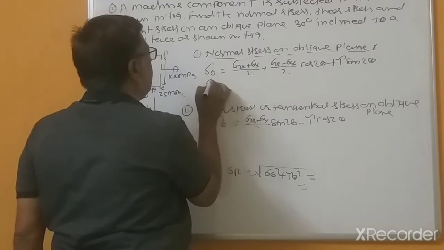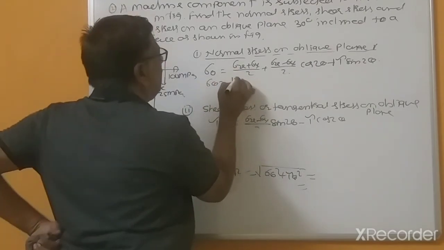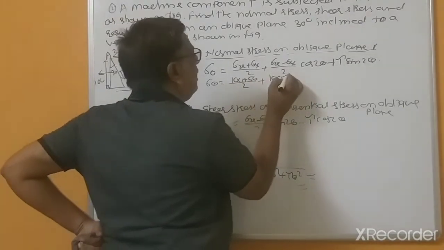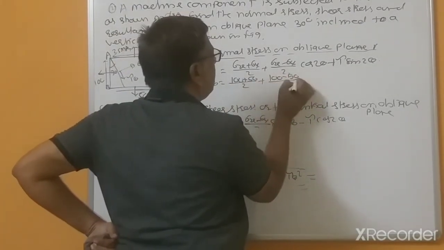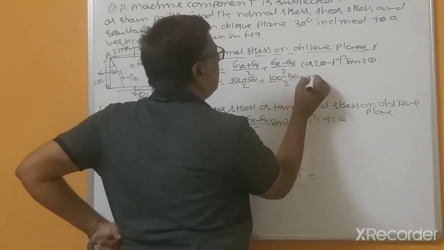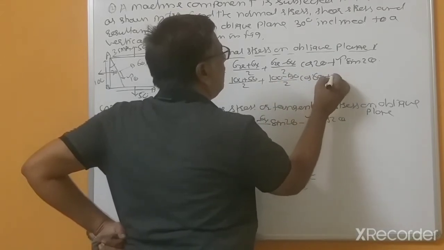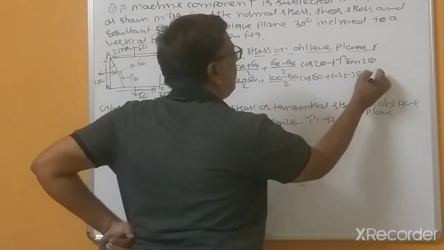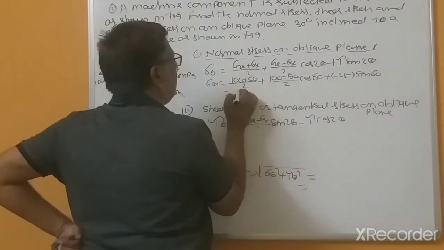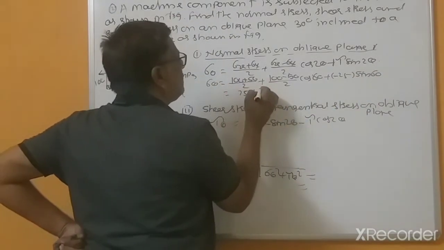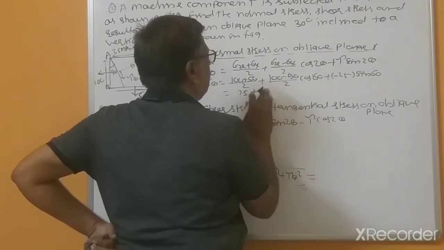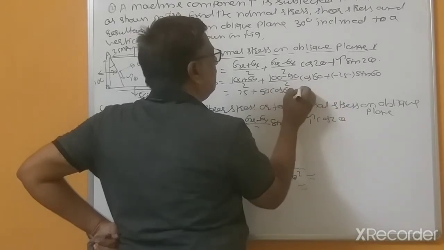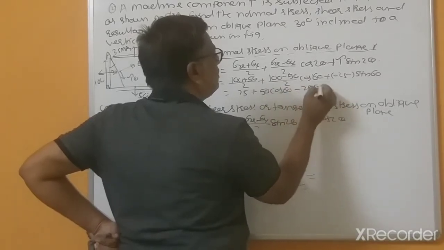Now put sigma theta equal to 100 plus 50 divided by 2 plus 100 minus 50 divided by 2 cos 60 and this is minus 25 sin 60. This is 75 plus 25 cos 60 and this is minus 25 sin 60.